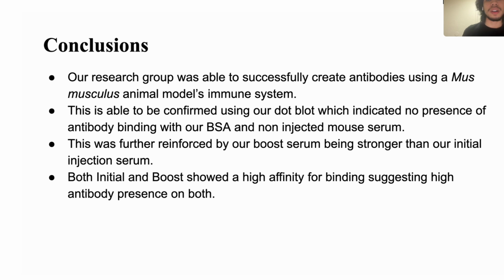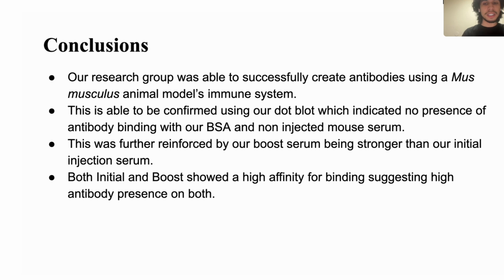So, in conclusion, our research group was able to successfully create antibodies using Mus musculus as an animal model, and we were using their immune system. With our dot blot, we are essentially able to confirm that there is no presence of antibody binding within our BSA and our non-injected, which is what we wanted to see in order to see if it was something else that was binding, or if we had dissenting results within each other.